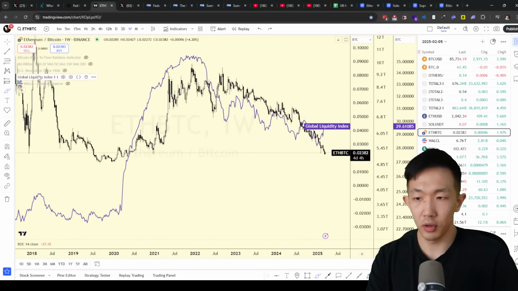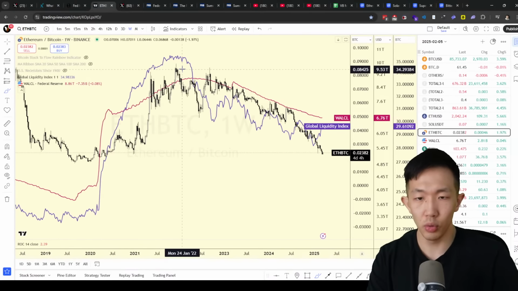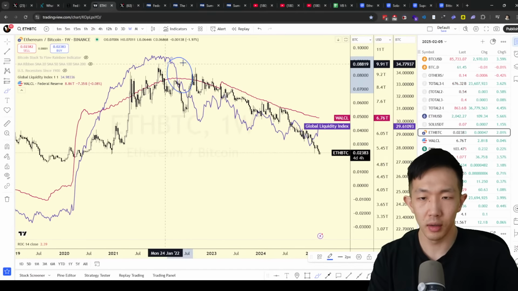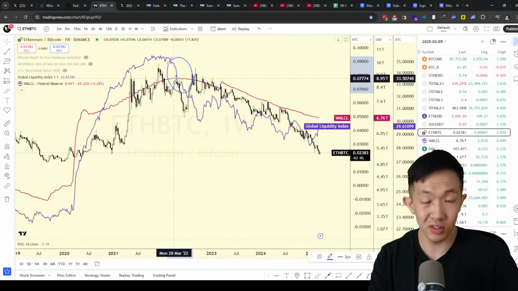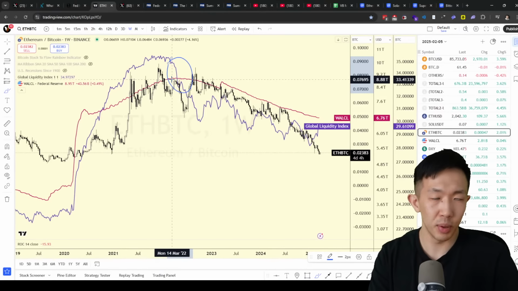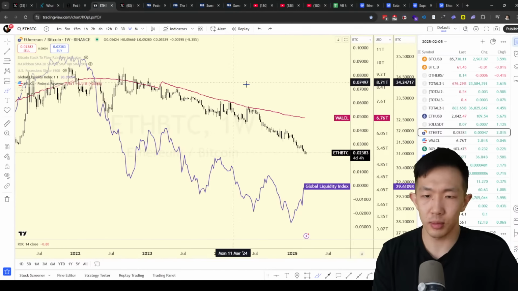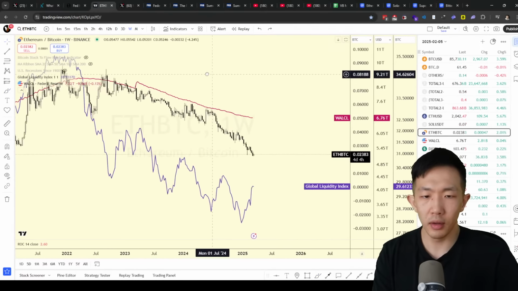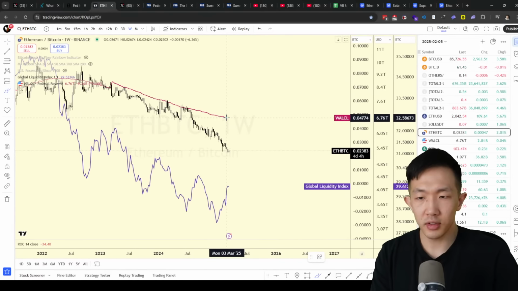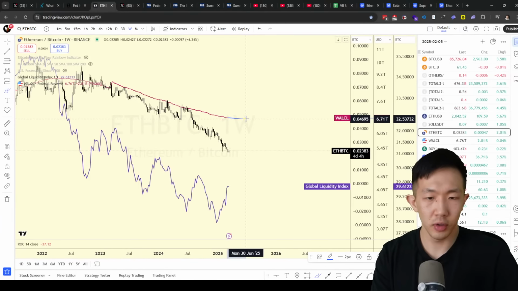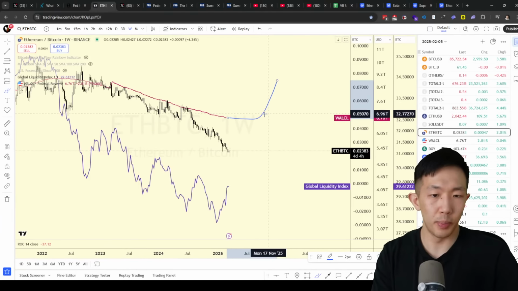And same thing back in 2022, global liquidity basically started its downtrend when the Fed made the pivot from QE to QT. So this time around, I think it's going to match up quite easily until the Fed's balance sheet actually makes a sharp bounce like this.